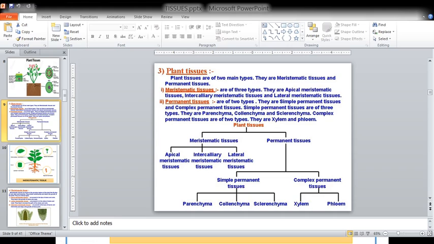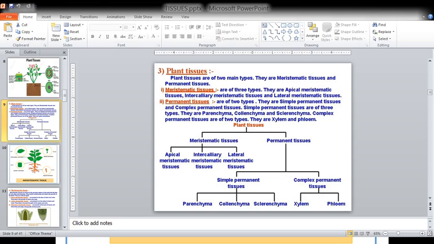Apical, from the word you can understand. Apical means what? Tip. So of what tip? Of roots and stems. So there is a presence of apical meristematic tissues. Then what are the functions of these apical meristematic tissues?